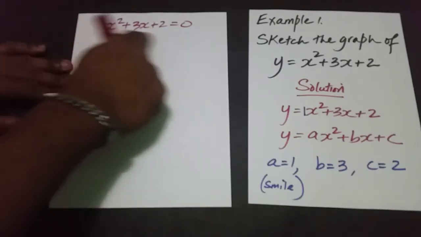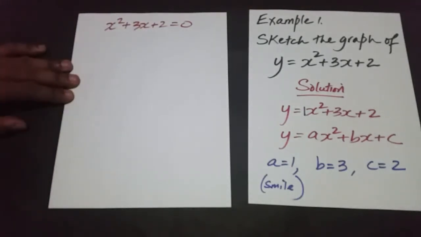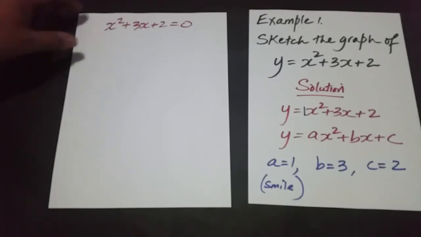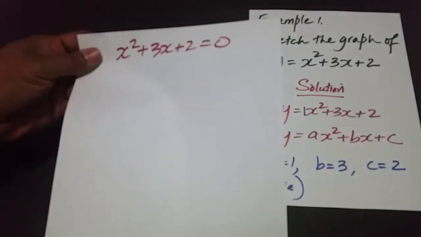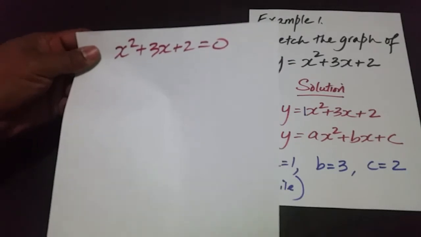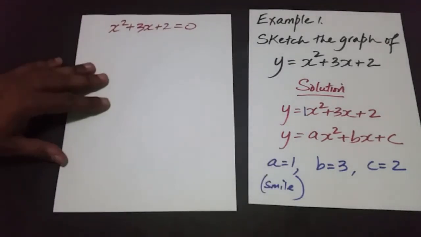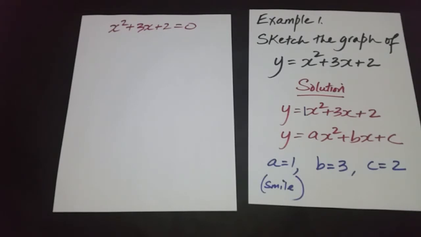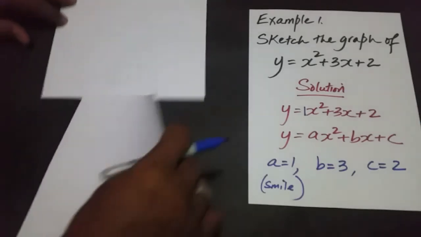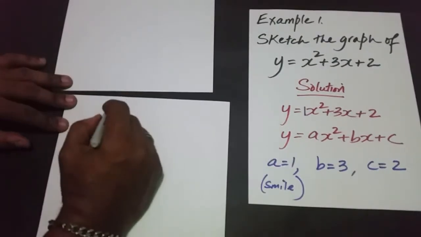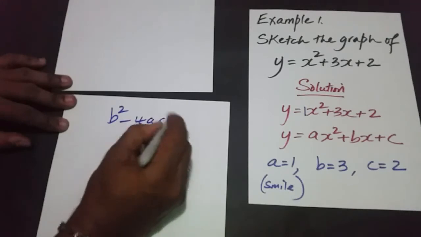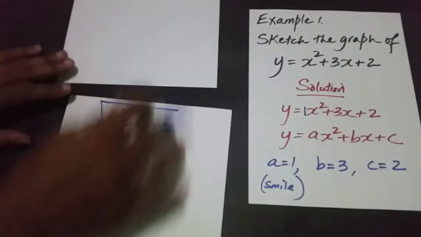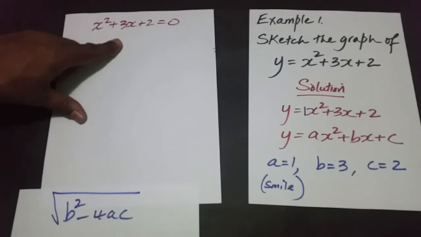You can, if you wish, write this in a completed square form and go ahead and solve it, or you can use a quadratic formula method, or you can use a factorization method if you think it can be factorized. There's always a way to test to see if it can be factorized as well, and the way to do that is very simple. To test to see if it can be factorized, we simply do this check. This tells me whether or not I can solve this by factorization method.